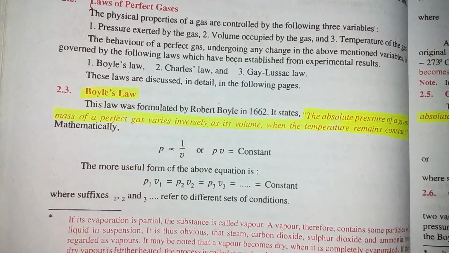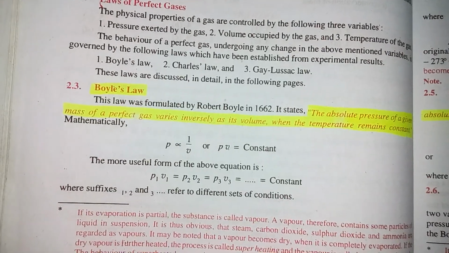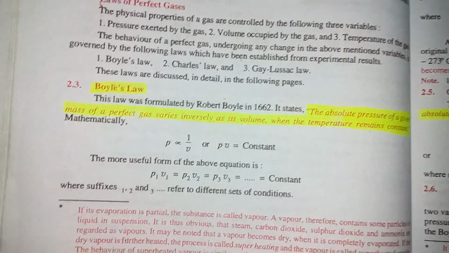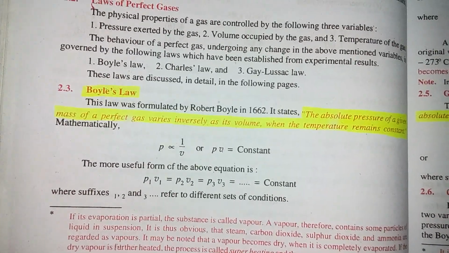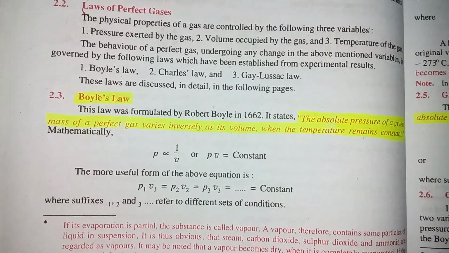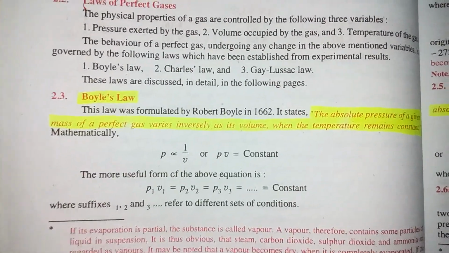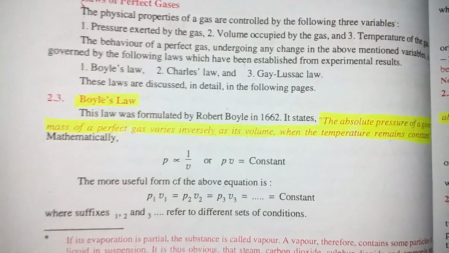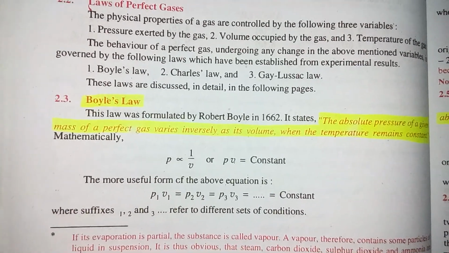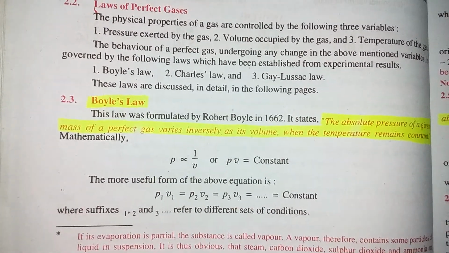So according to Boyle's law, mathematically we can say P varies as 1 by V when the temperature is constant, and we can say that PV equals constant. The more useful form of the above equation is P1 V1 equals P2 V2 equals P3 V3 equals constant, where suffixes 1, 2 and 3 refer to different states or conditions.